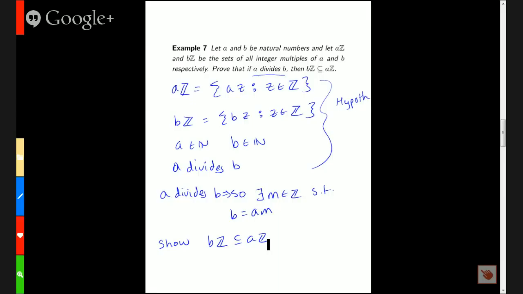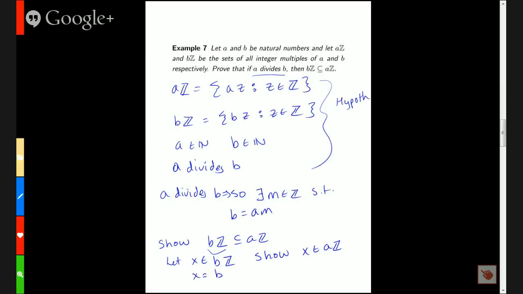Element chasing. So we have to start with something in bZ. Let x be in bZ and show x is in aZ. That's what we have to do to be able to show the subset. What does it mean for x to be in bZ?